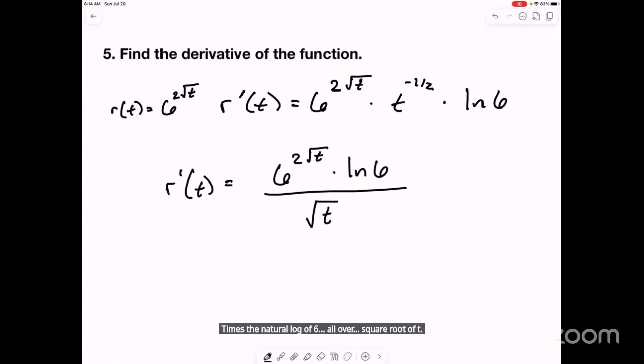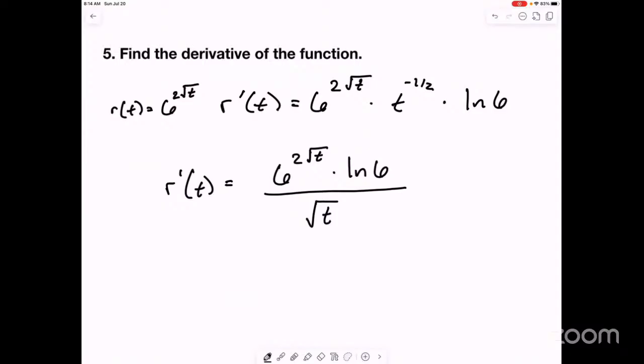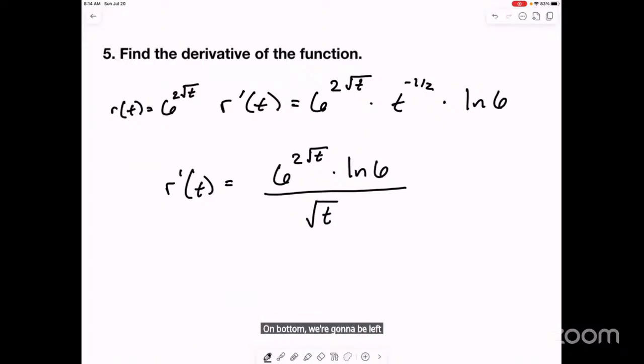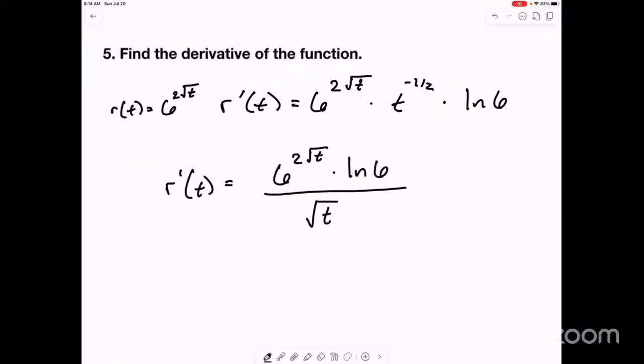Okay. Again, sometimes they might want us to rationalize here, so you can multiply by 1 in the form of square root of t over the square root of t. On bottom, we're going to be left with t. On top, we're going to have the square root of t times the stuff that you see on top already. Okay, I'm going to go with this.